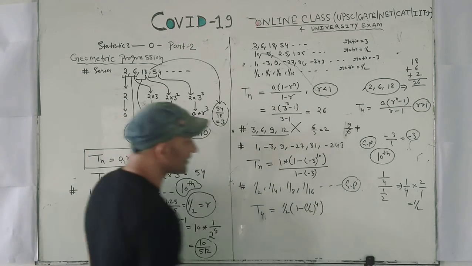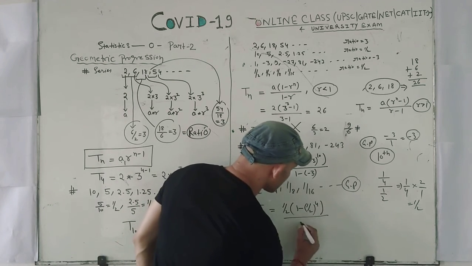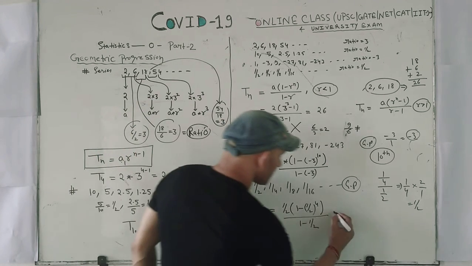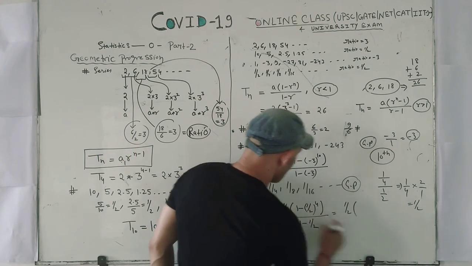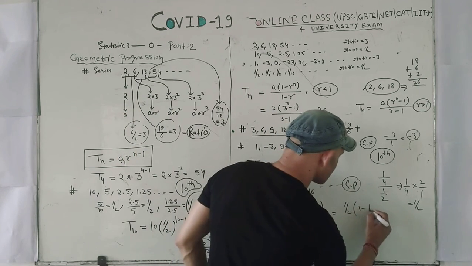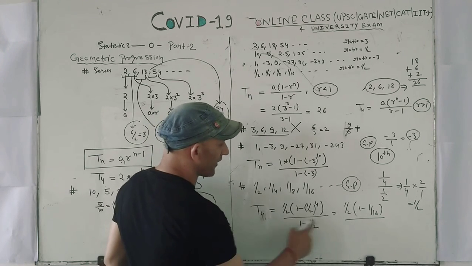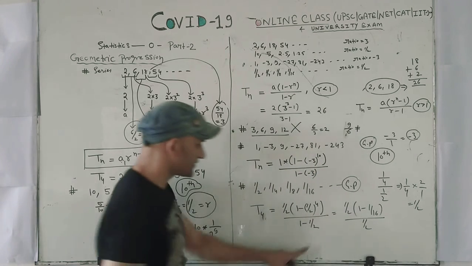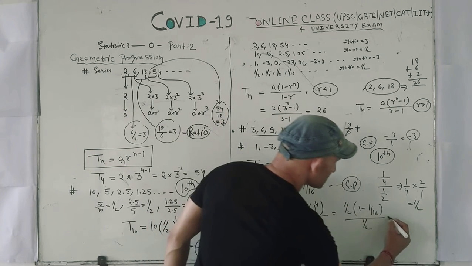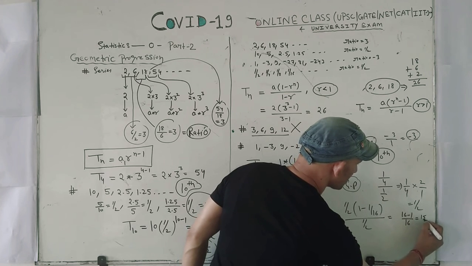You are finding the sum of all the numbers till 4, upon 1 minus R, 1 minus 1 upon 2. Now calculate it. This is 1 upon 2 into 1 minus 1 upon 16, upon 1 minus 1 upon 2, which is 1 upon 2. So both cancel. It means you are getting 16 minus 1 upon 16, that is 15 upon 16.